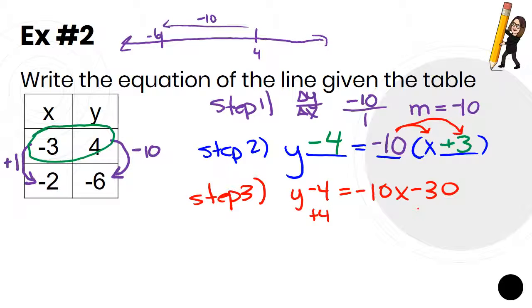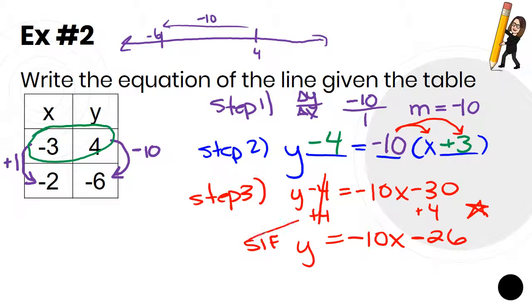Next, I want to add 4. I can only add it to the other constant, right? I can't add a 4 to an x number. Watch out for this step. This has been missed a lot in our notes and in our worksheets. So a -10x remains, but now I have a -26. This is my equation in slope intercept form.